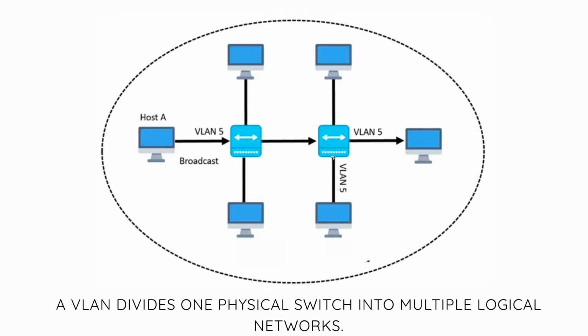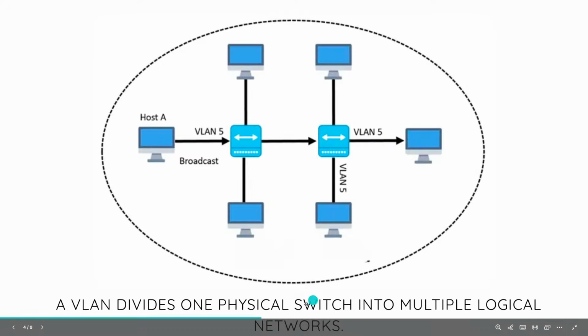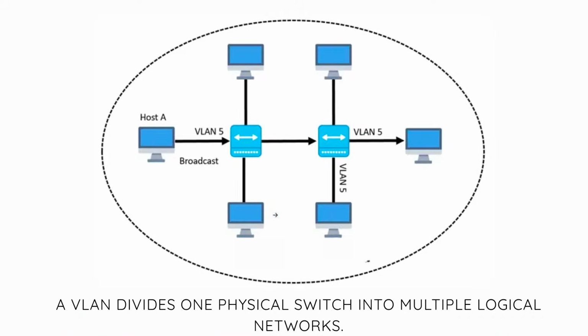So, virtual LAN, or VLAN, is basically a virtual local area network that divides one physical switch into multiple logical networks. It allows you to create multiple logical networks on a single switch.